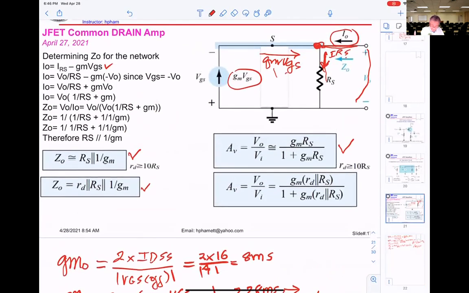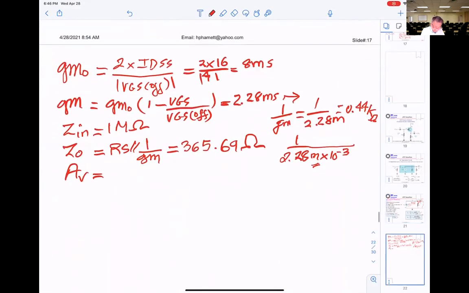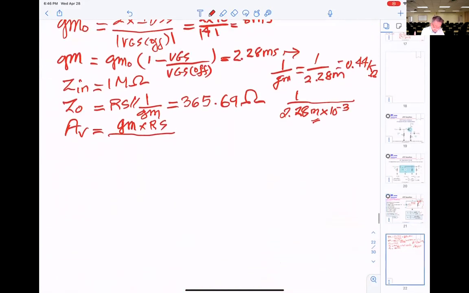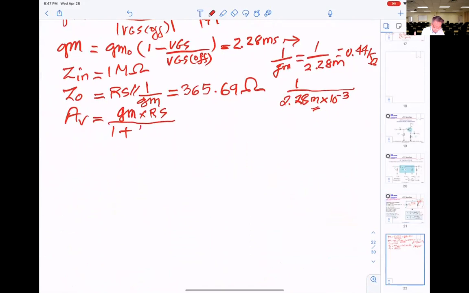AV equals gm times RS divided by 1 plus gm RS. On mine, I get 0.83.